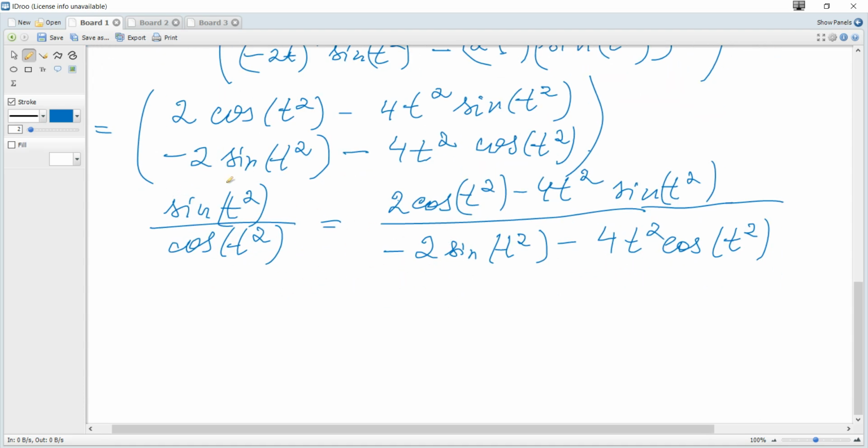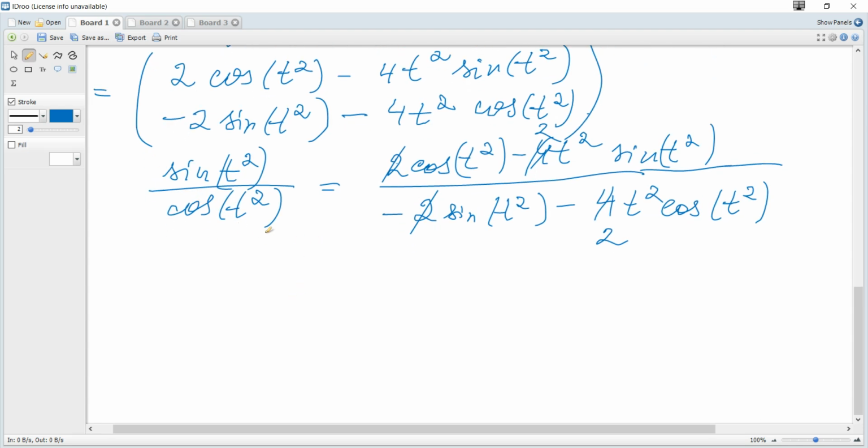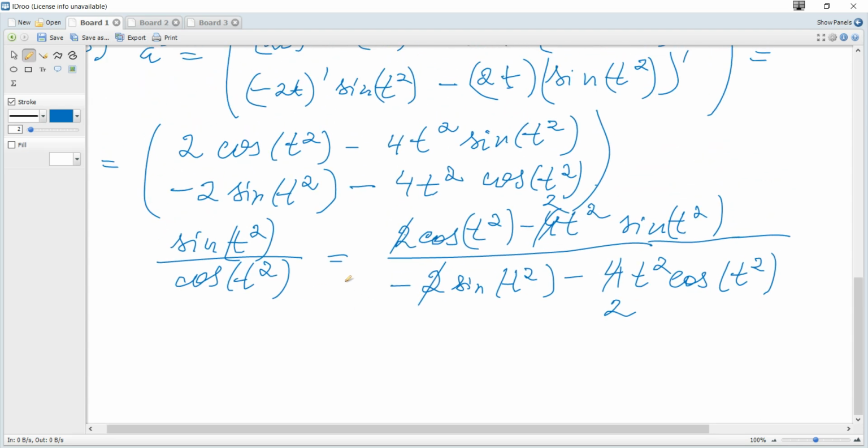Then let's consider cross multiplication, because if a fraction is equal to a fraction, we can cross multiply. Let me rewrite it quickly.